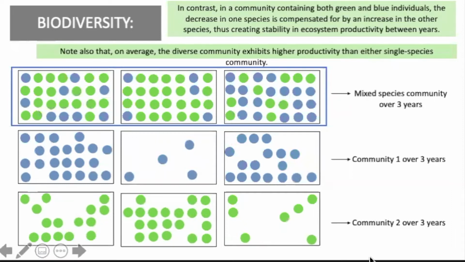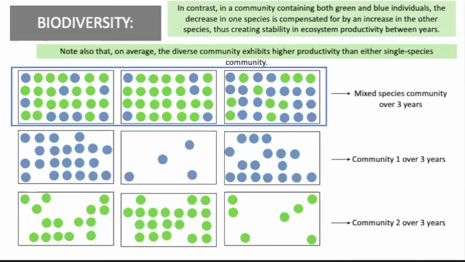However, in contrast, in a community containing both green and blue individuals, the decrease in one species is going to be compensated for by an increase in the other species. This will help stabilize the ecosystem productivity between years by having more than just one species that's responsible.